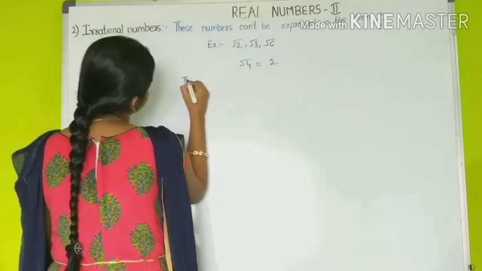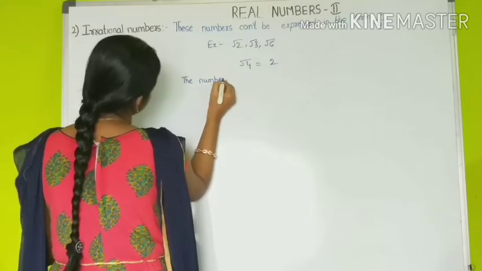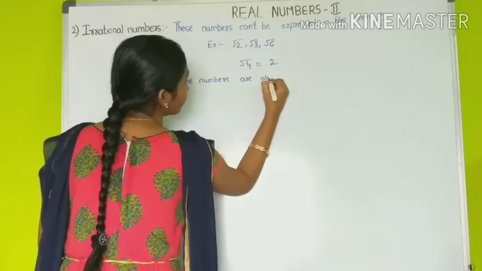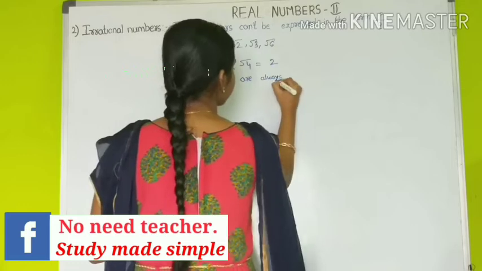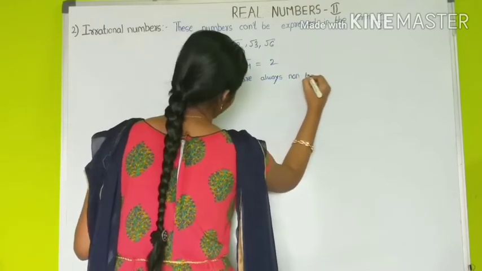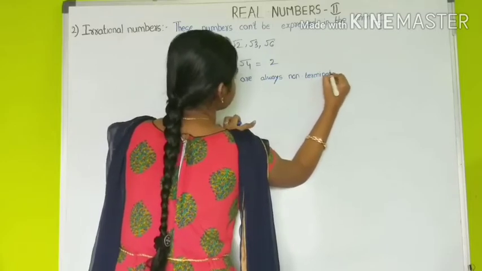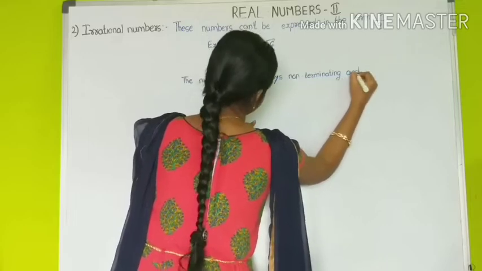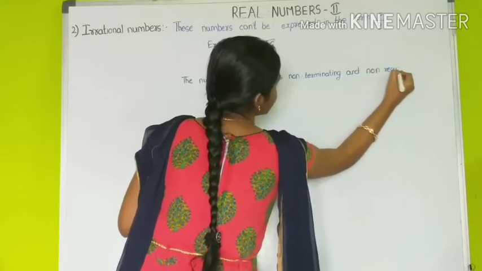The numbers are always non-terminating and non-recurring. This is the opposite of rational number.